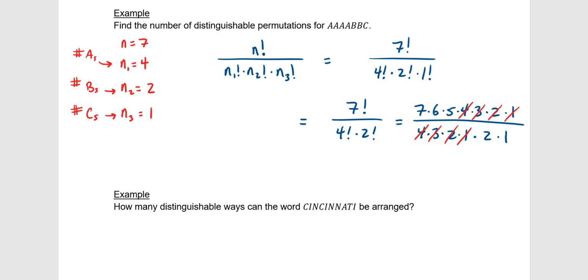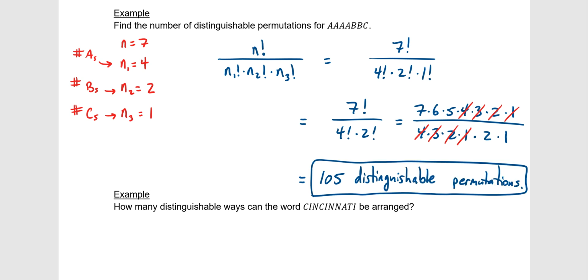So whichever way you do it, we're going to end up with 105 distinguishable permutations. So the way that I mentioned it with the 6 divided by 2, you would take a look at this 6 and this 2. I picked the 6 because 2 goes into 6.